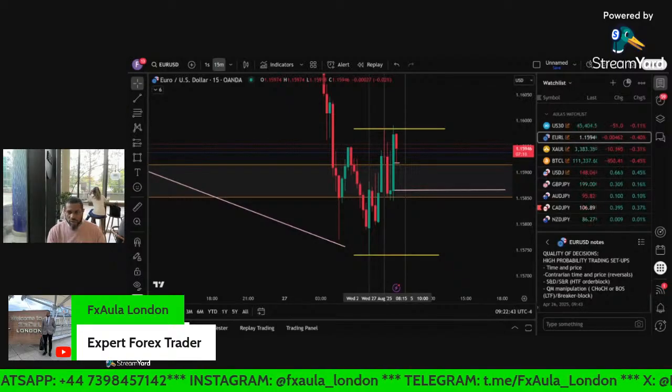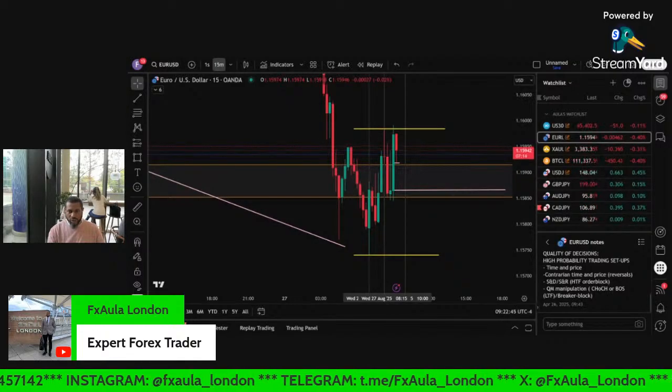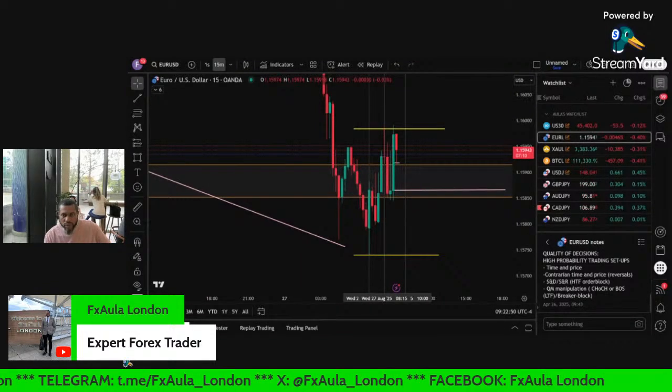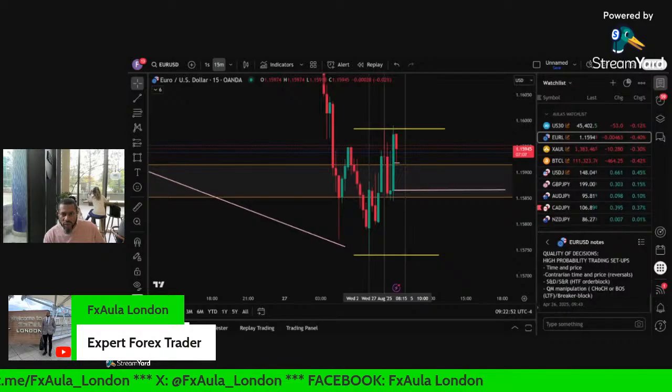This is where I want to see price get to at least, or maybe take out those lows, which I saw on the 1 hour as well, or on the 15 minutes here. If price breaks this, it gives me a fair value gap.